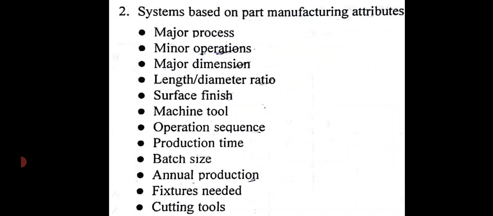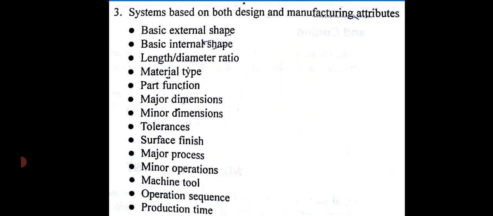These are the manufacturing attributes. Third, both design and manufacturing attributes: basic external shape, basic internal shape, length to diameter ratio, material type, part function, major dimension, minor dimension, tolerance, surface finish. These can be taken for both design and manufacturing.